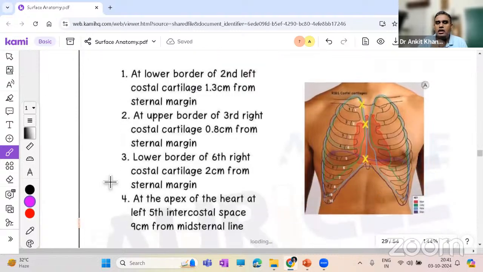Other points over here. Now comes the heart border. Okay, heart borders are needed. Why? Once you are auscultating, you are doing a percussion examination. Person comes to you in casualty with a stab injury or a gunshot wound. Suppose there is a gunshot wound. You are seeing the entry point of the bullet and you are seeing the exit point of the bullet.